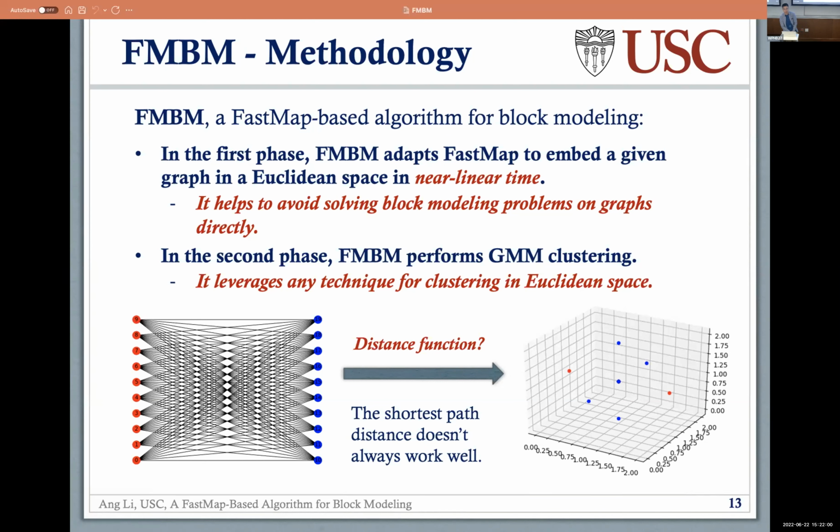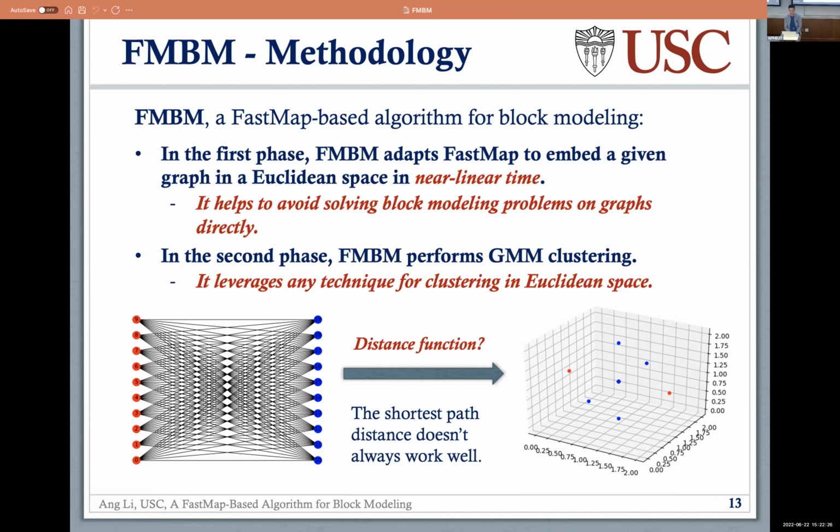On first thought, we would try the shortest path distance, but the shortest path distance doesn't always work well. For example, in this bipartite graph, the vertices from different partitions are actually closer to each other, and the vertices in the same partition are actually farther from each other.